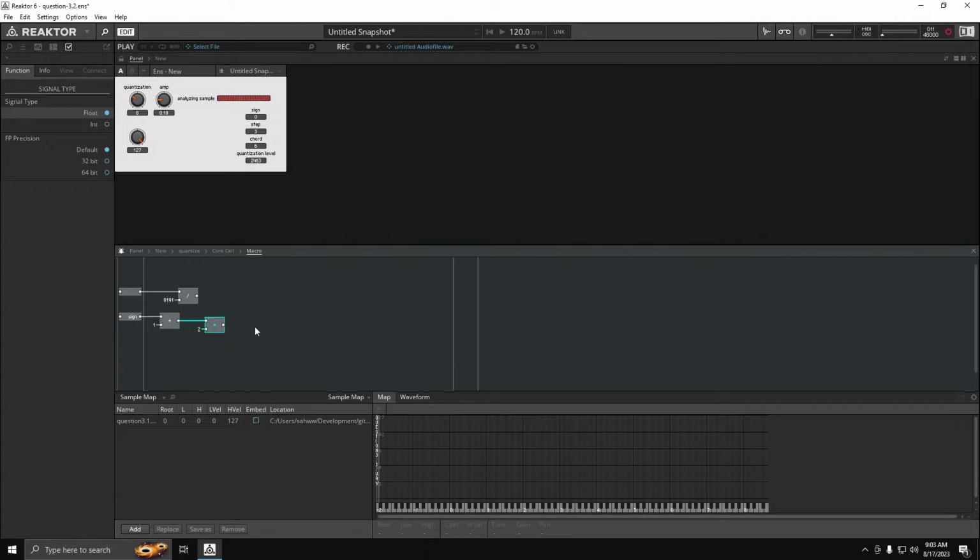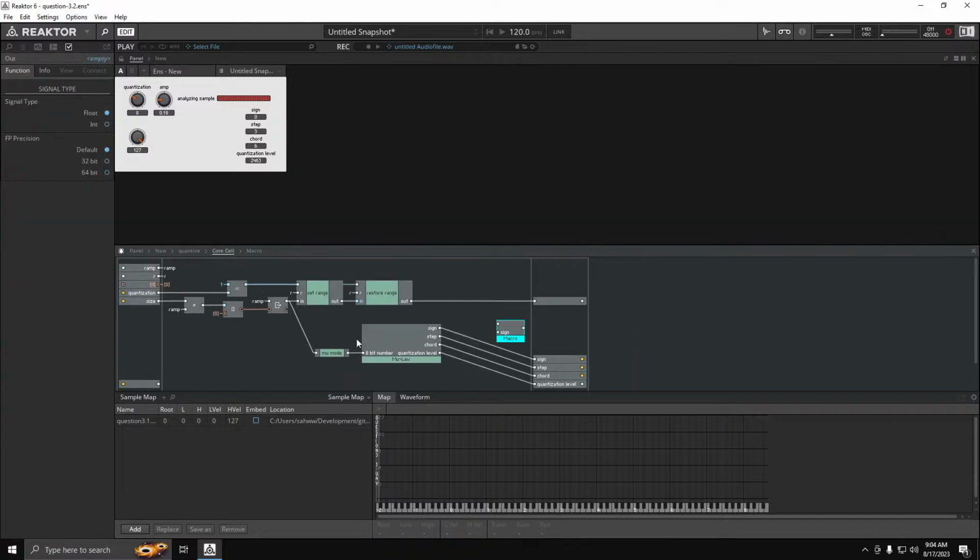And then subtract by 2. Now, instead of going from 2 to 4, it's going to go from -1 to +1. Let's see if that's right. In my head, it makes sense, but I might not be processing that right.